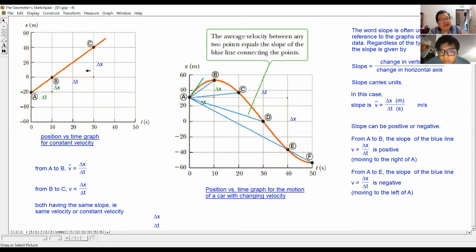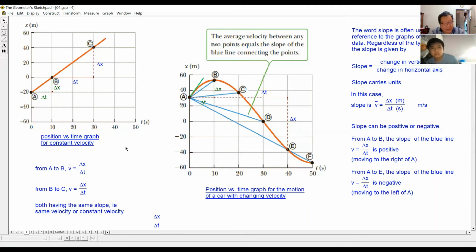Because it is a straight line, the slope of BC and the slope of AB is the same. If the slope is the same, that means the average velocity is the same. If the average velocity is the same, it means that they are traveling with constant velocity.